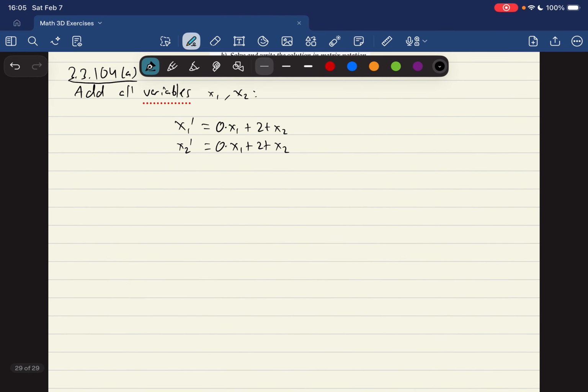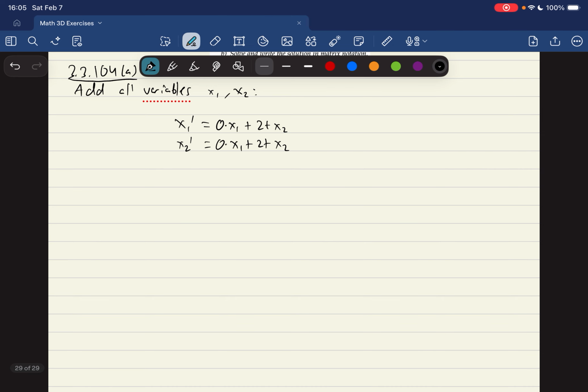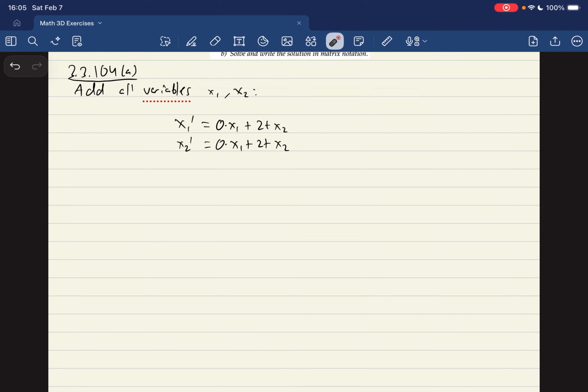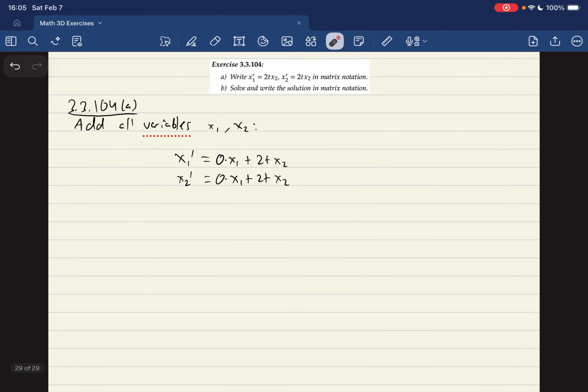Once we're here, a quick remark: when we want to set up for matrix notation, we need to be consistent on whether we write x1 first, then x2 from left to right, or x2, then x1.